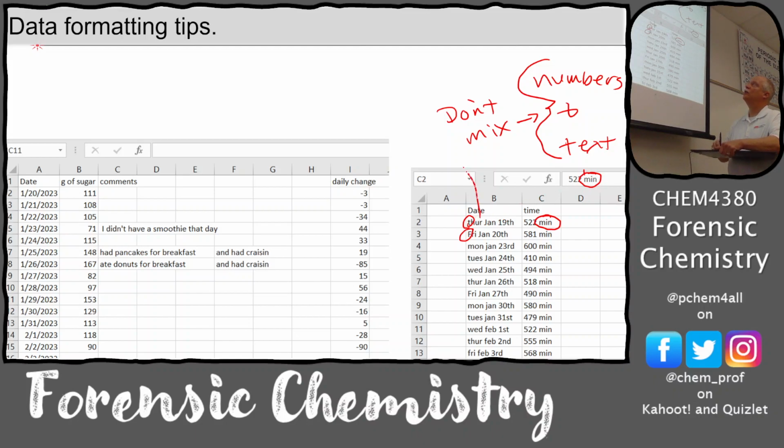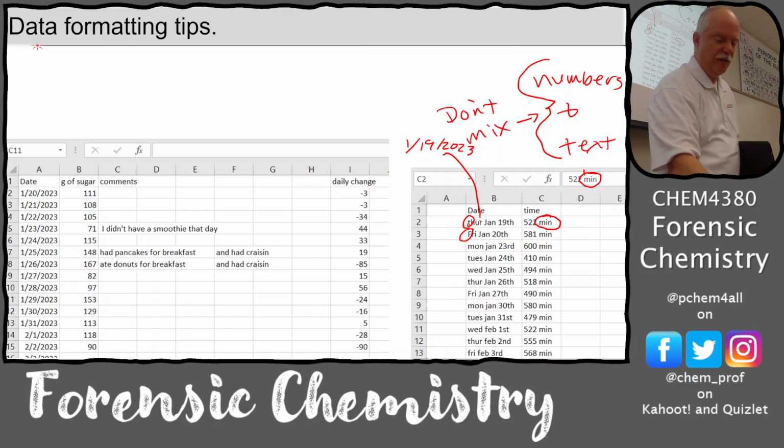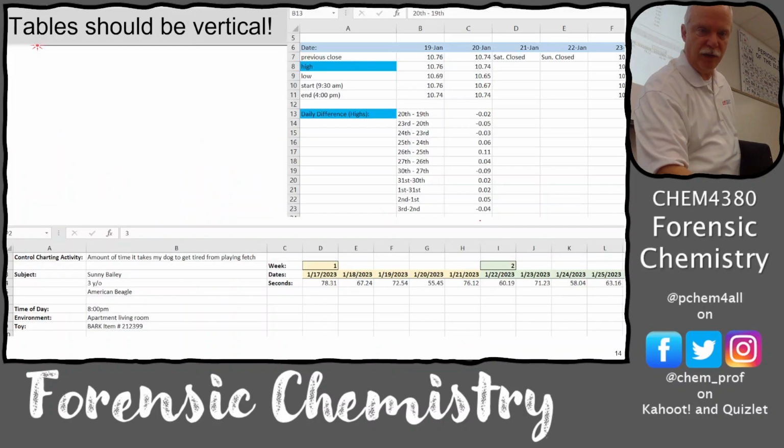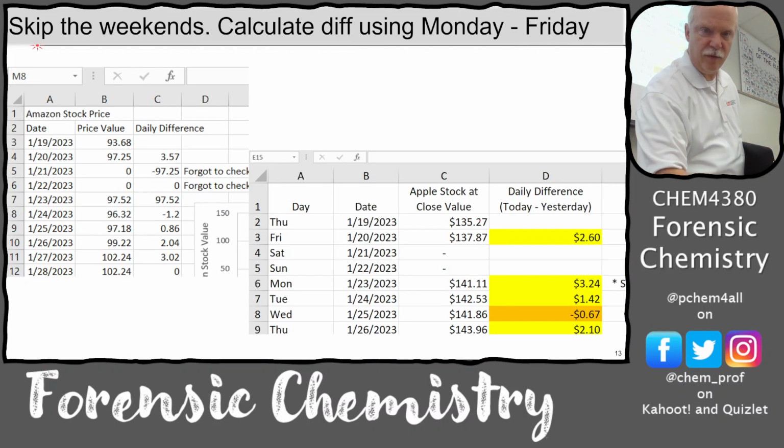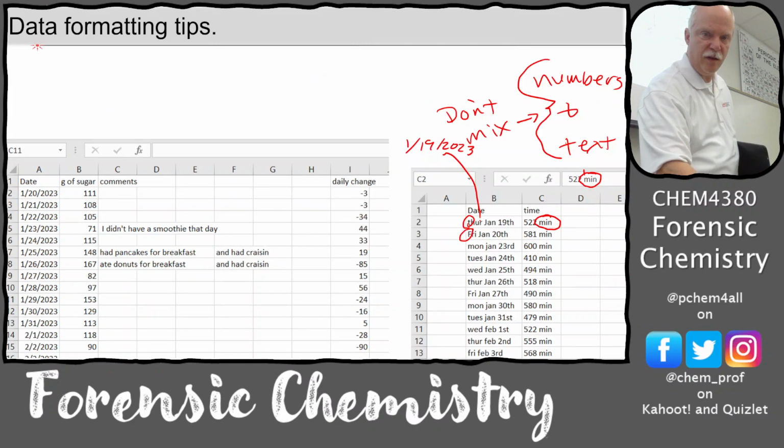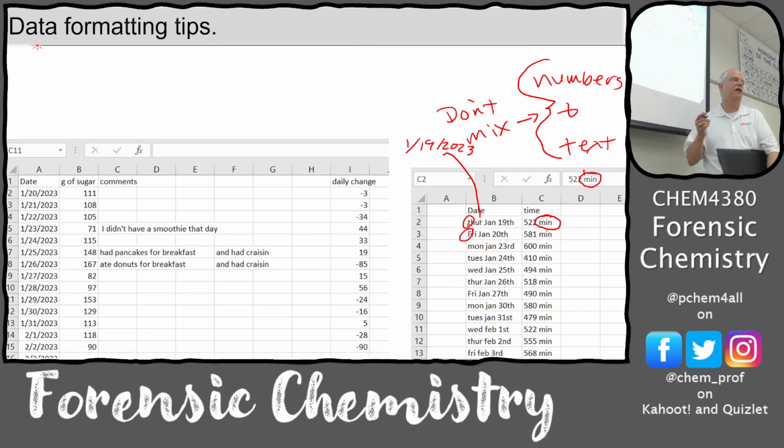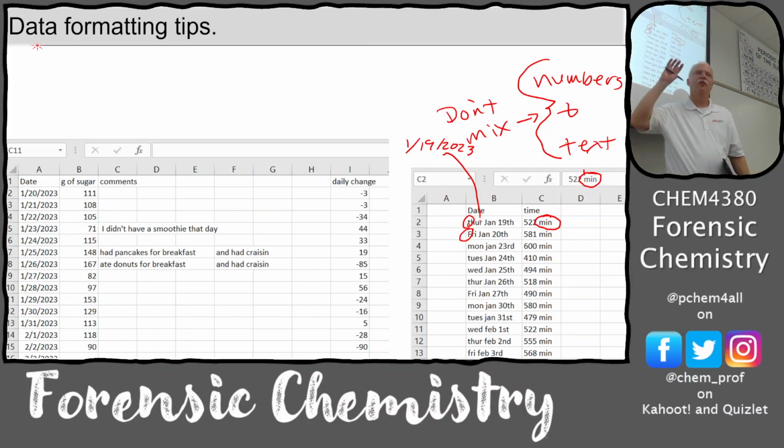So go ahead and just, for January 19th, type 1/19/2023, and Excel will see that, and it will make it a date. It will say, I recognize that's a date, and so it'll make it a date format. Now, sometimes there are a lot of date formats in Excel, and sometimes it will say Friday, January 19th, 2023, and it's using a date code and producing all of that text.